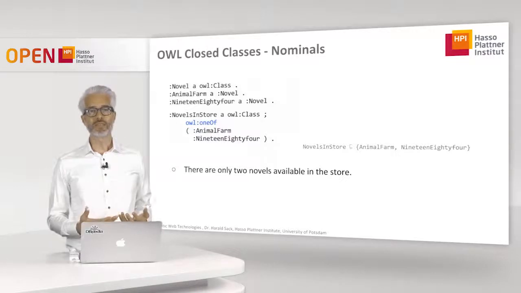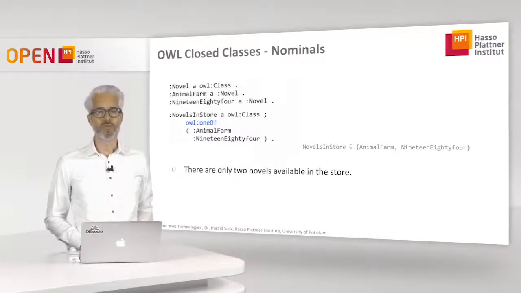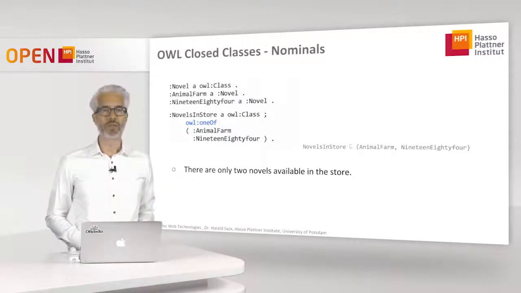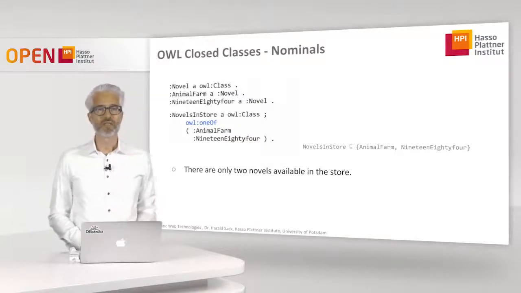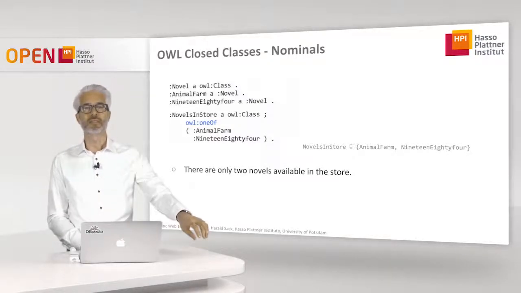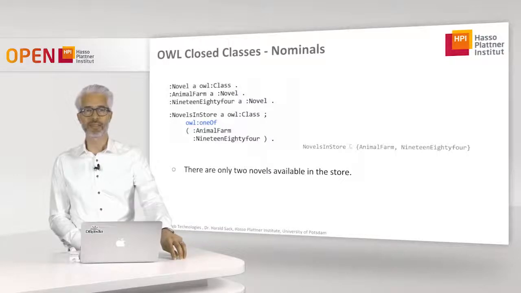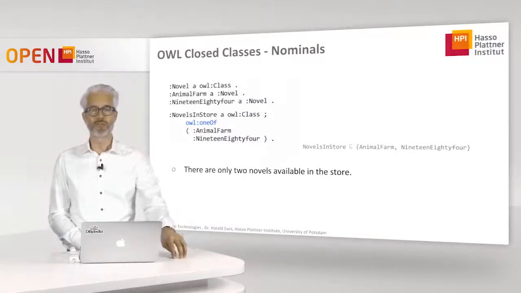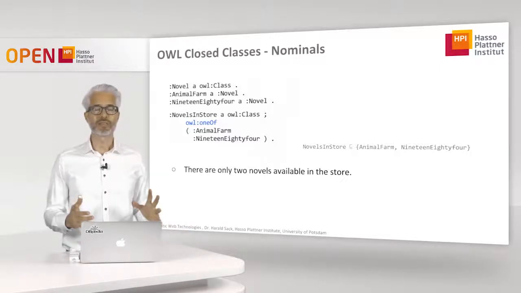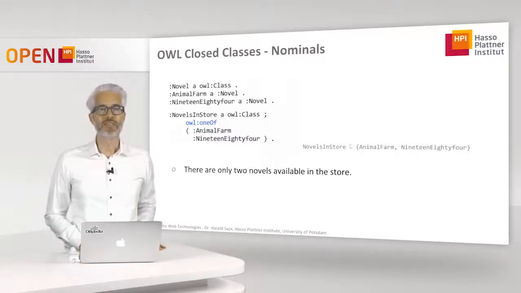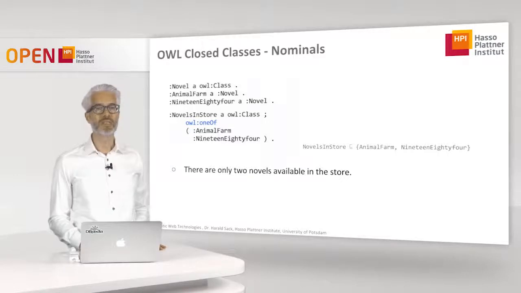And to do this, I use a new OWL vocabulary word, which is owl:oneOf. So if I define NovelsInStore as an OWL class, I can furthermore say NovelsInStore is owl:oneOf, and then I define in braces simply all individuals which might be in that class.